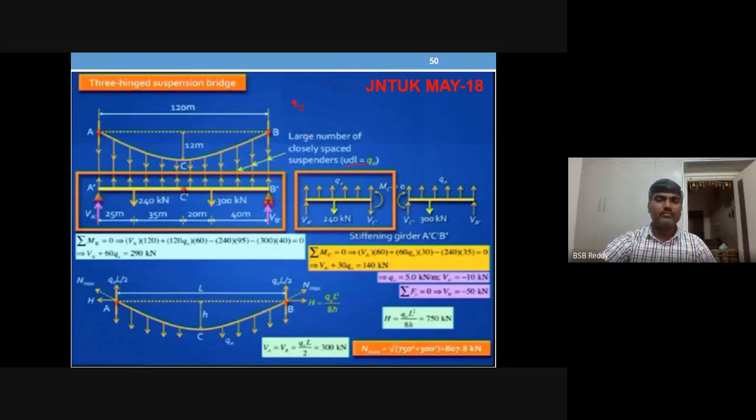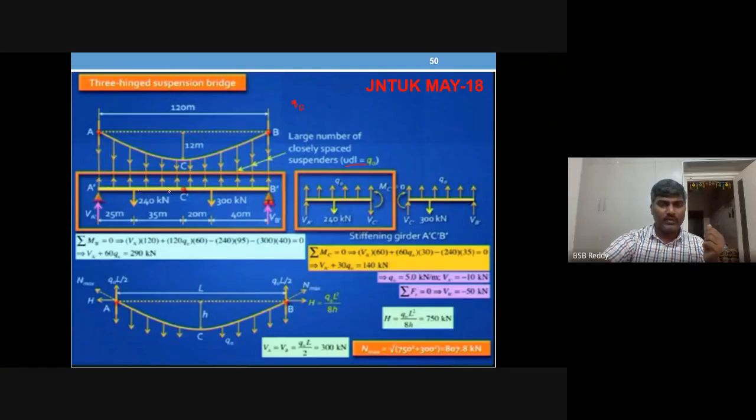This is the cable free body diagram, sag 12 meters, and all these are suspenders. We assume a UDL of Q naught because you don't know the load; it is the internal tensile force in the suspenders.